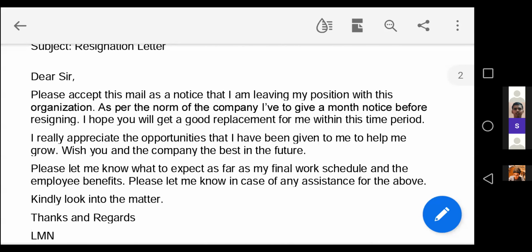Dear sir, please accept this mail as a notice that I am leaving my position with this organization. As per the norms of the company, I have to give a month's notice before resigning. I hope you will get a good replacement for me within this time period. I really appreciate the opportunities that I have been given to help me grow.